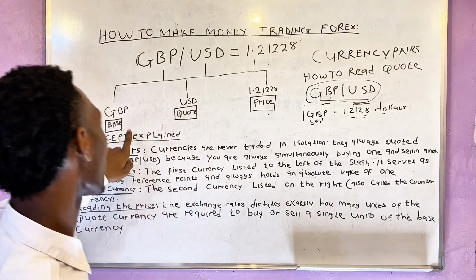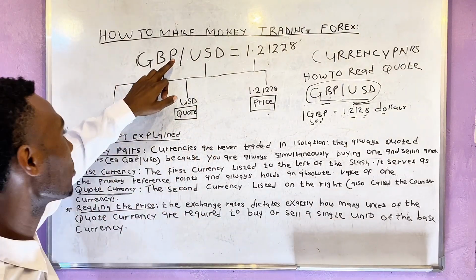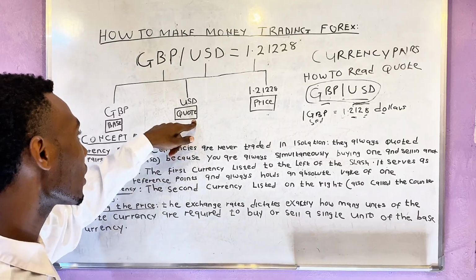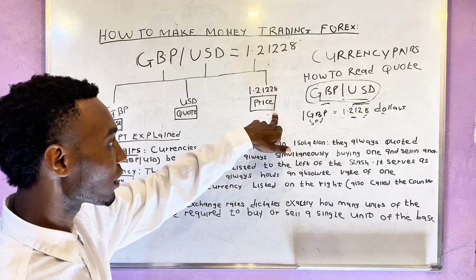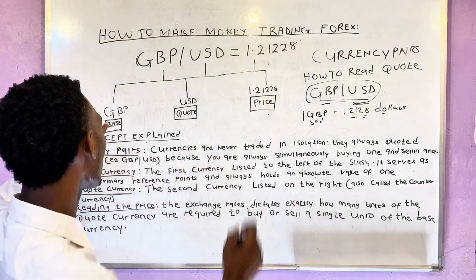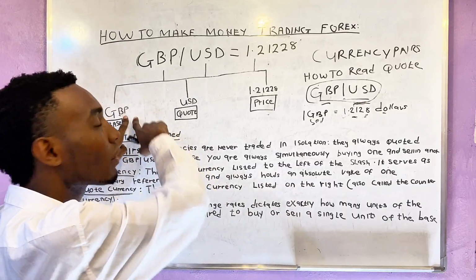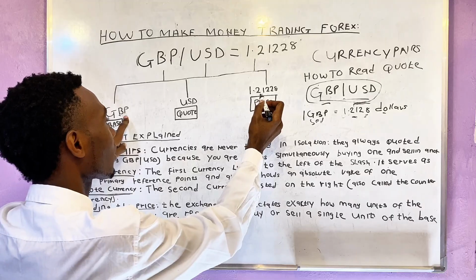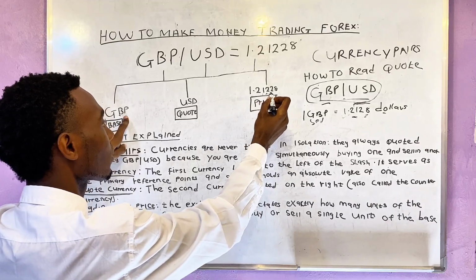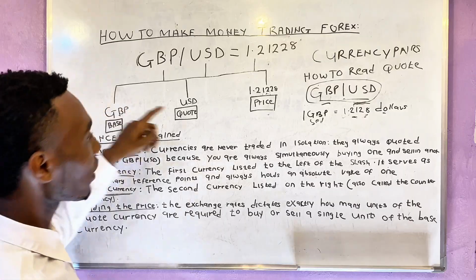This is why we say the base is GBP, the quote is USD, and this is the price of the GBP. 1 GBP, 1 pound, equals these US dollars.